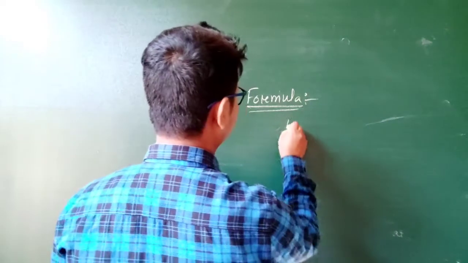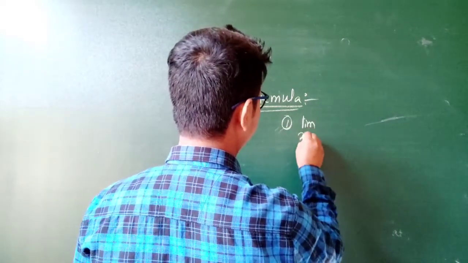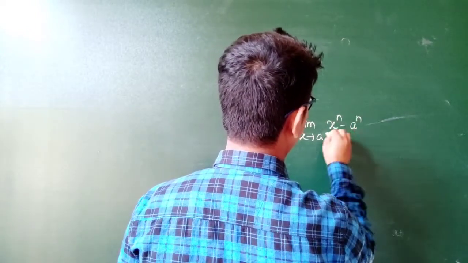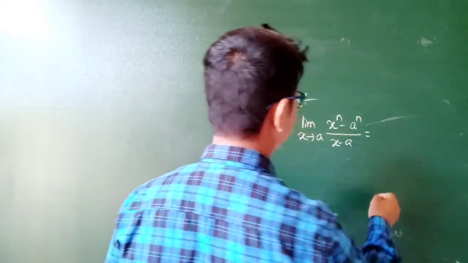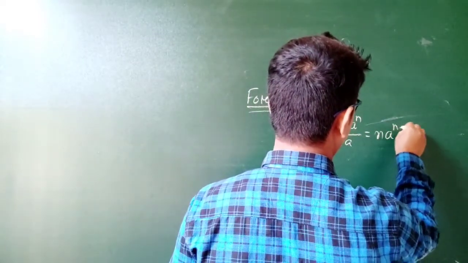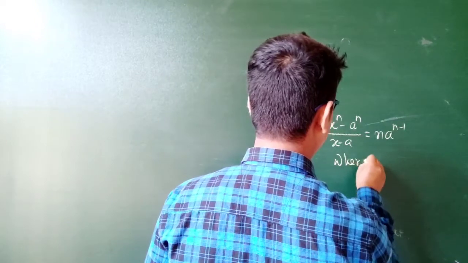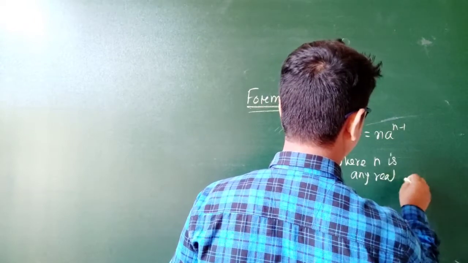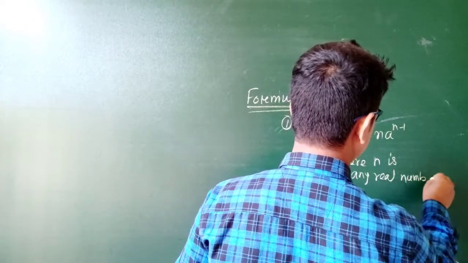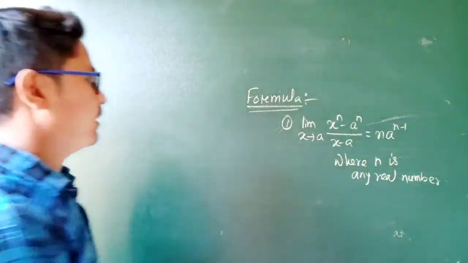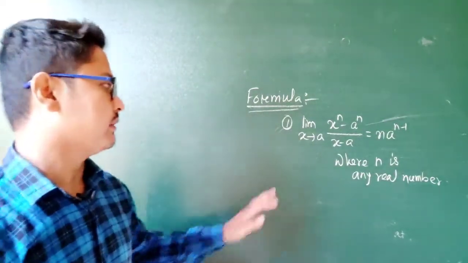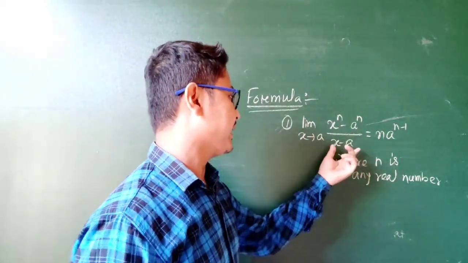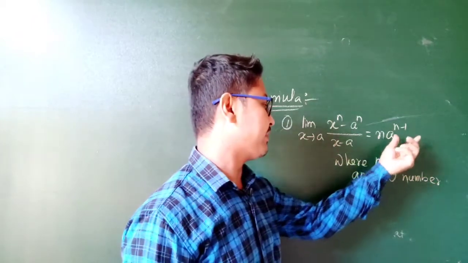Formula number 1 is limit x tends to a, x to the power n minus a to the power n divided by x minus a, equal to n a to the power n minus 1, where n is any real number.